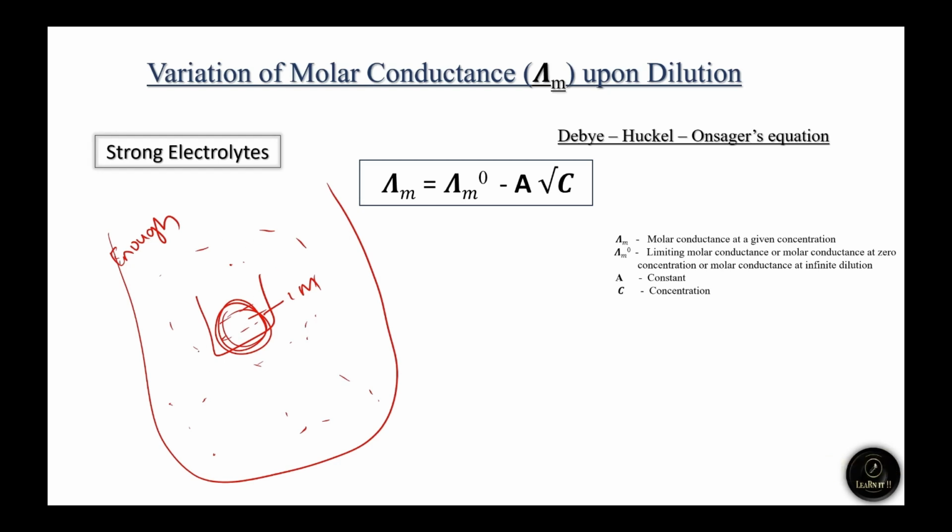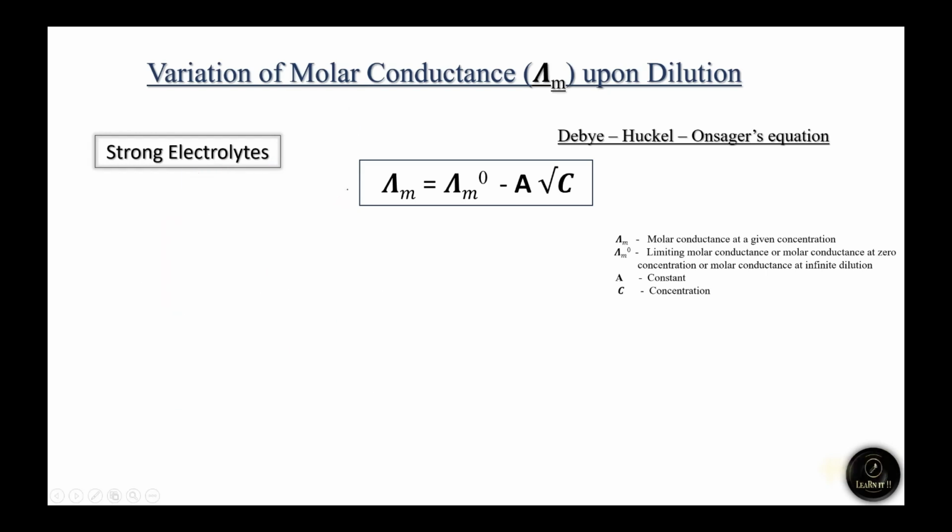If we measure the conductance of that solution, we have 1 mole of substance, but it is infinitely diluted. So whatever conductance is given by the conductometer at that time is called molar conductance at infinite dilution or 0 concentration.